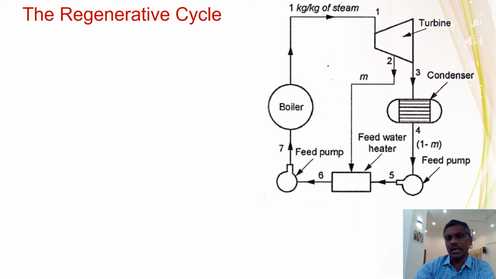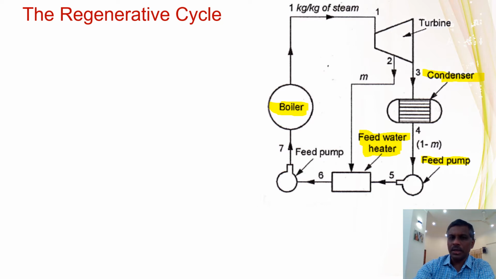In the regenerative cycle, you can see that there is a feed water heater. So the word is feed water heater. The water has to be heated before it enters into the boiler. Normally this unit will be absent in the Rankine cycle. If you look at the Rankine cycle, this unit will not be present. So we are trying to heat the feed water which is coming from the condenser before it goes to the boiler.